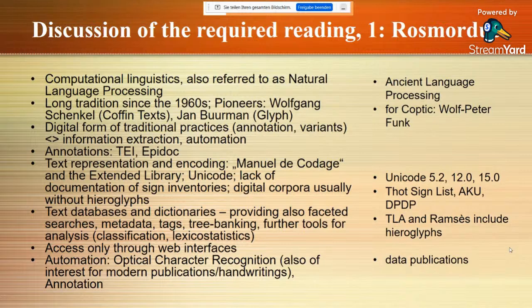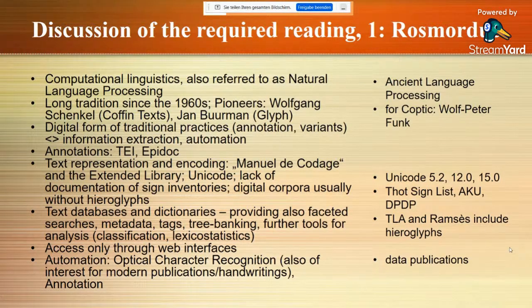So the first reading, as Franziska said, was by Serge Rosmorduc from 2015. So it's almost 10 years old, or soon 10 years old. And you can see that, but there are still not many overview papers for digital or computational Egyptology. So this is still kind of a go-to text, also because it's published in the UCLA Encyclopedia of Egyptology.